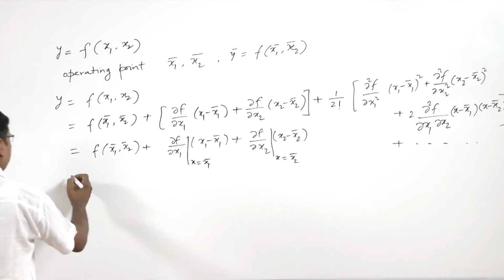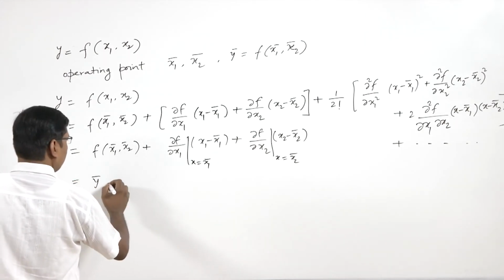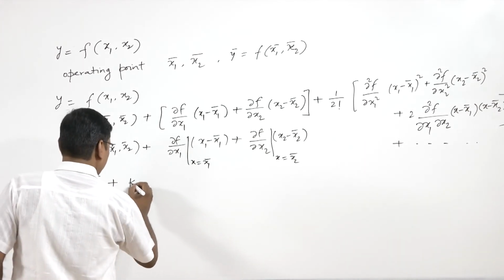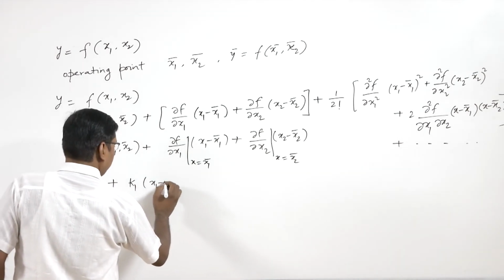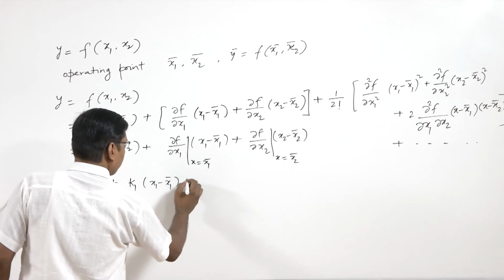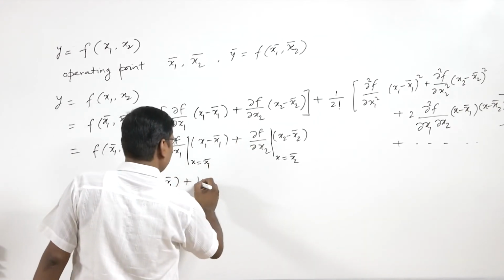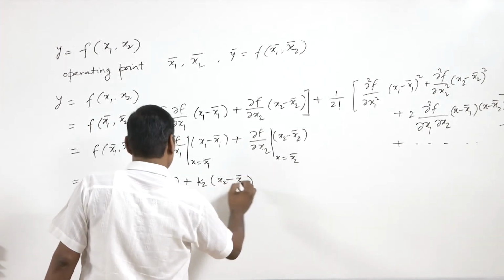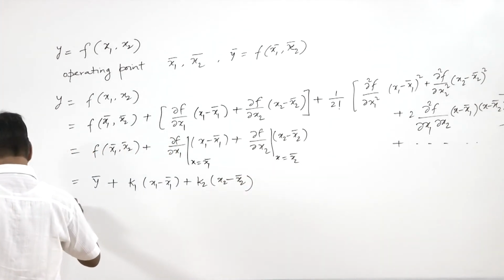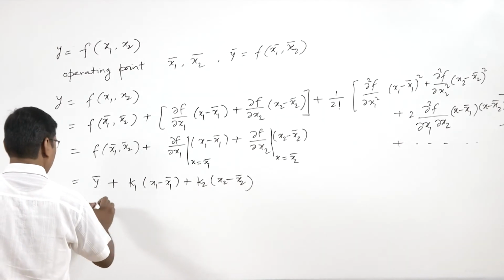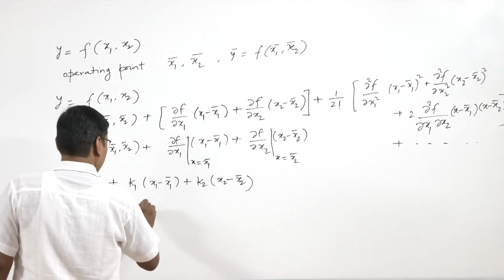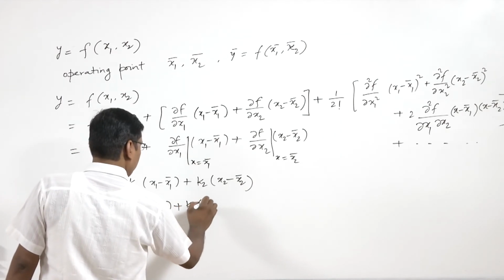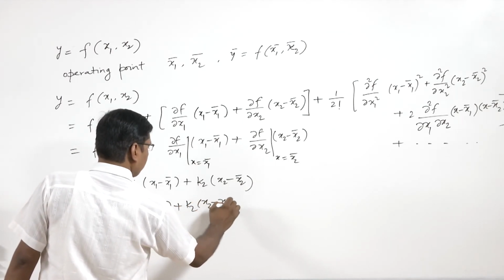And so we can write y bar plus k1 (x1 minus x1 bar) plus k2 (x2 minus x2 bar), and we can write y minus y bar equals k1 (x1 minus x1 bar) plus k2 (x2 minus x2 bar).